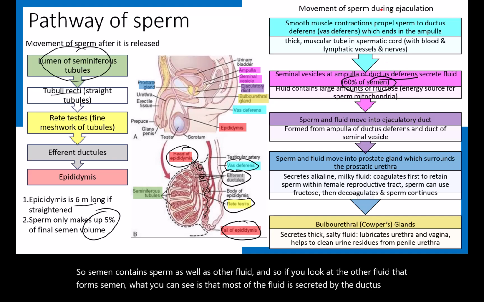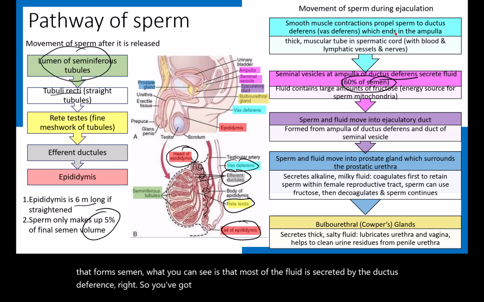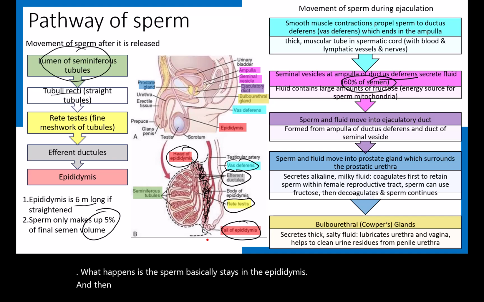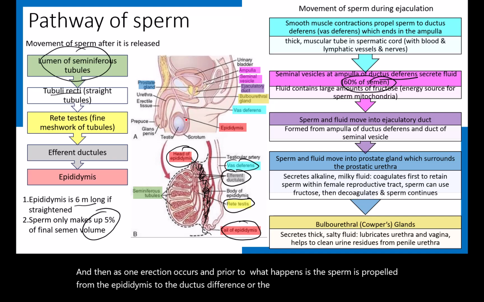Basically, without ejaculation, the sperm stays in the epididymis. Then when erection occurs and prior to ejaculation, the sperm is propelled from the epididymis to the ductus deferens, or the vas deferens, over here, right?